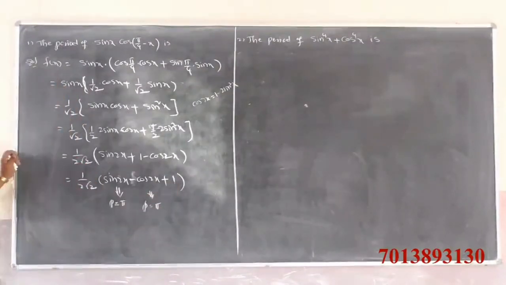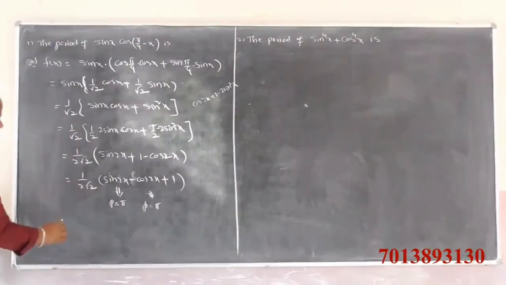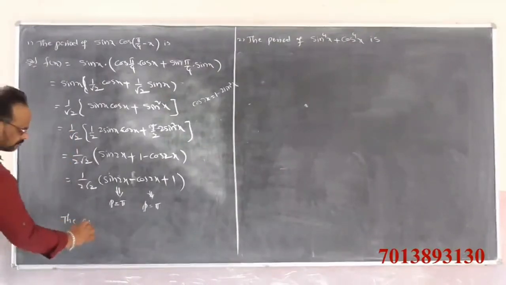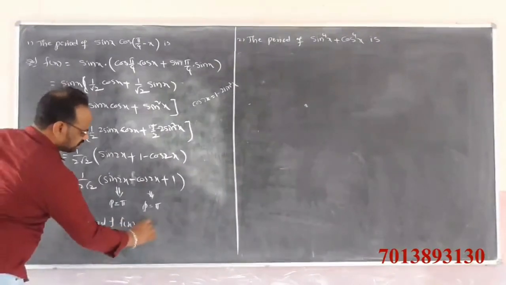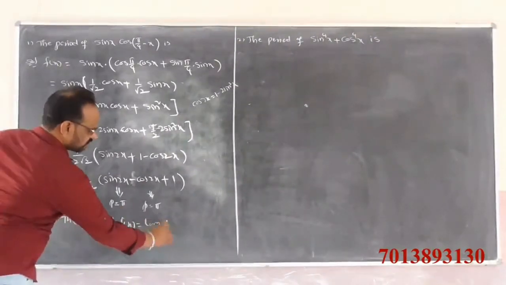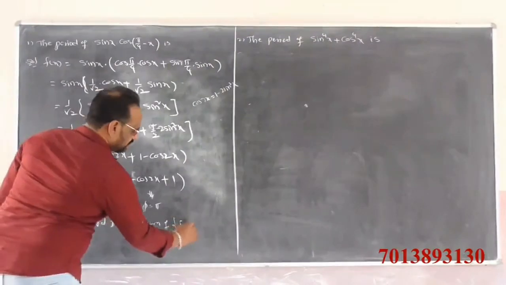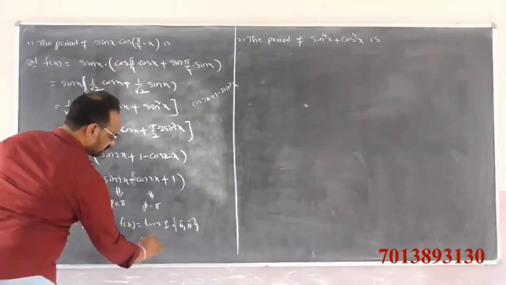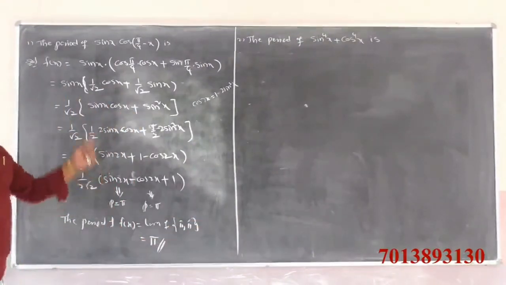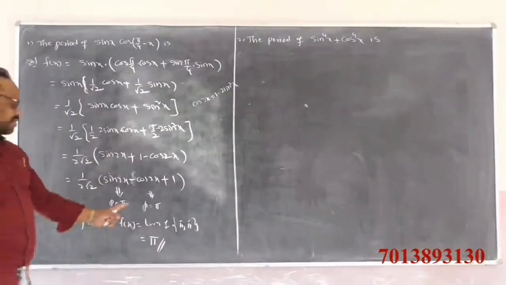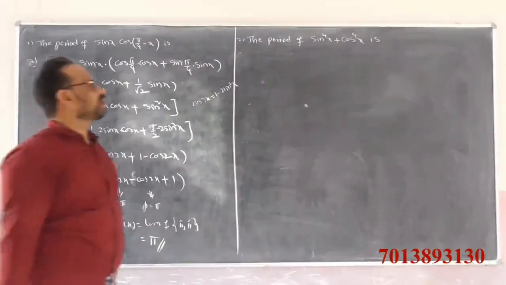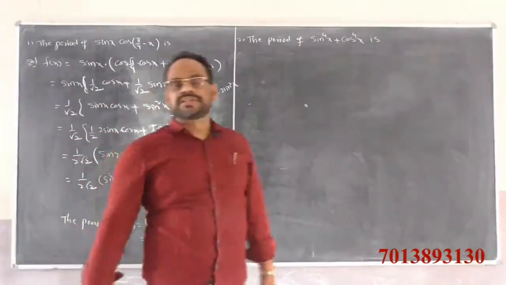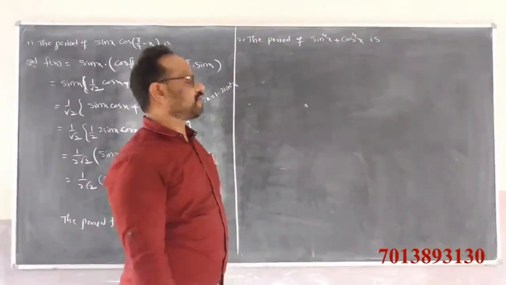So the period of f of x is clearly LCM of pi comma pi, that is equal to pi. So the period of the given function is pi. Next, the period of sin power 4x plus cos power 4x.